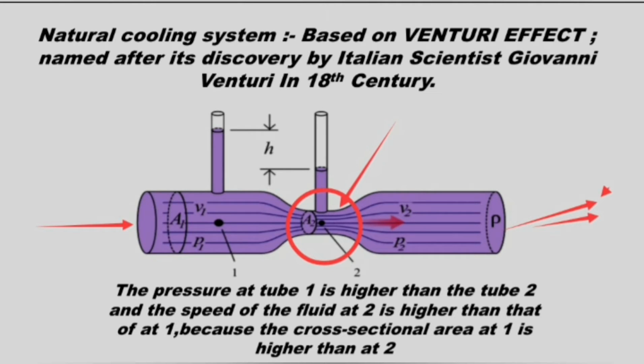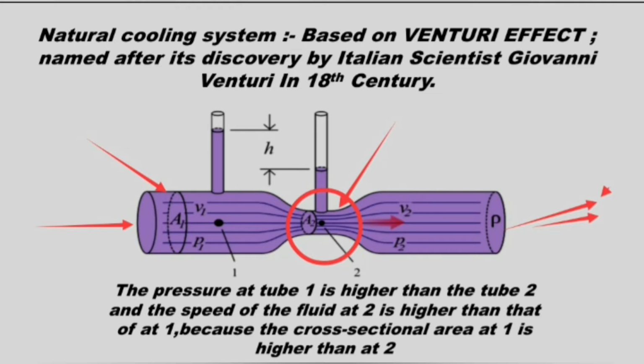Because of this increased speed, the entered mass will be able to come out through the tube. This is called a Venturi tube.